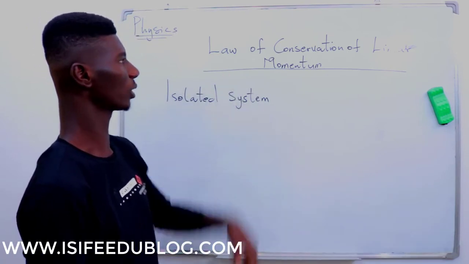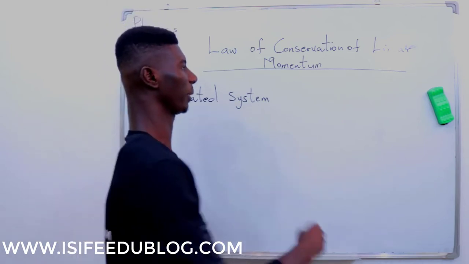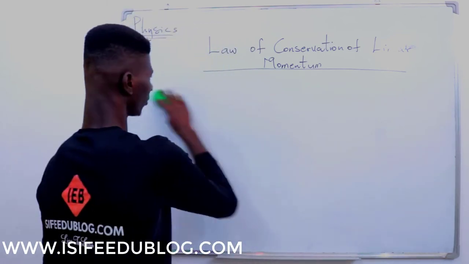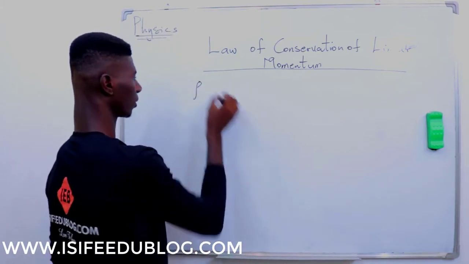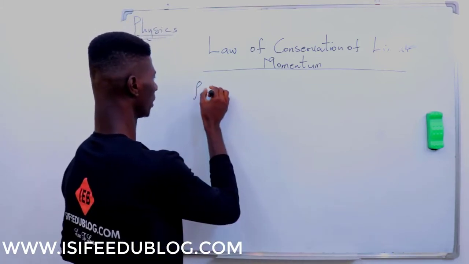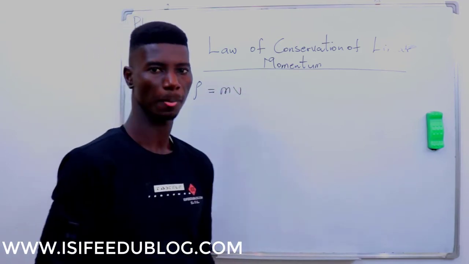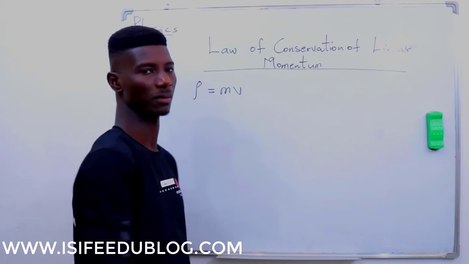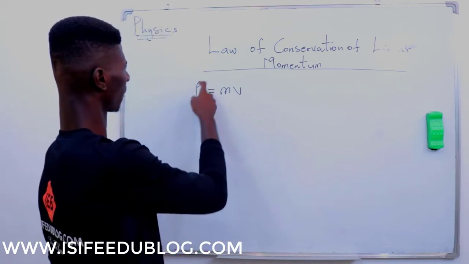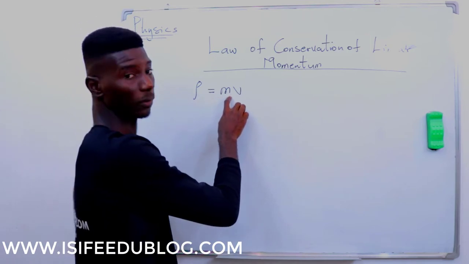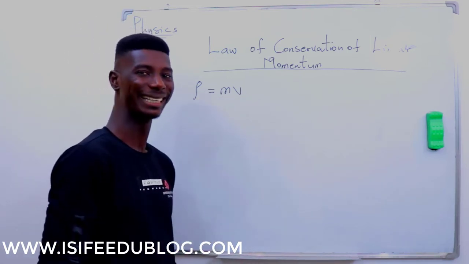Now, before that, what is the law of conservation of linear momentum? Remember, linear momentum, which is denoted by rho or small p, is mass times velocity. From our previous video, when the mass of a body is multiplied by the velocity, what you have is linear momentum.